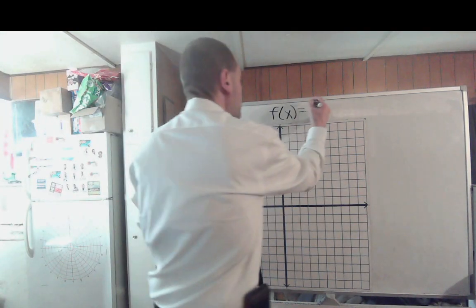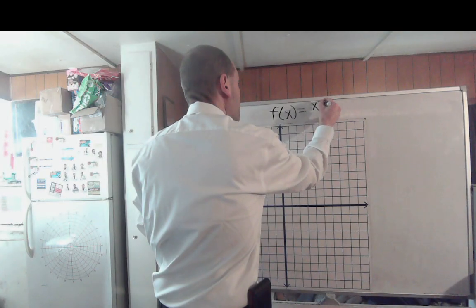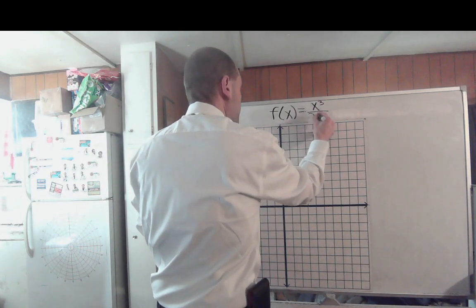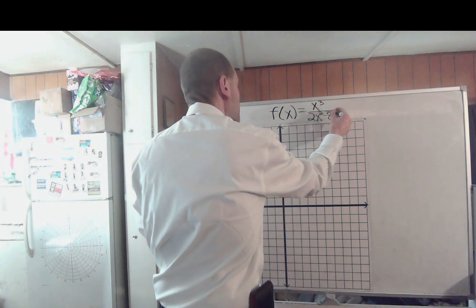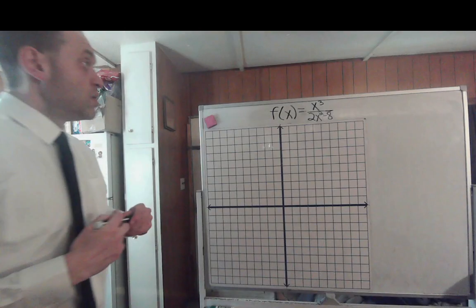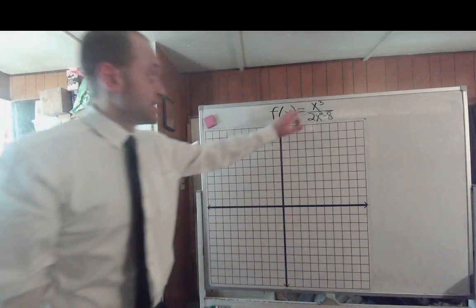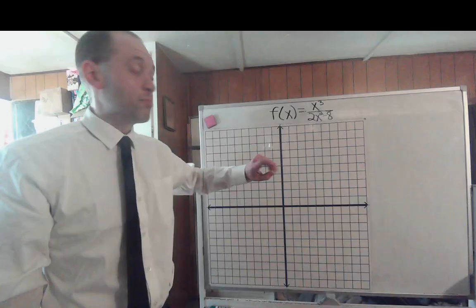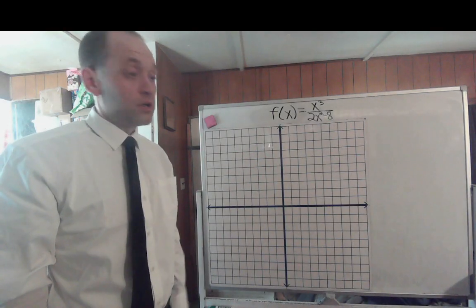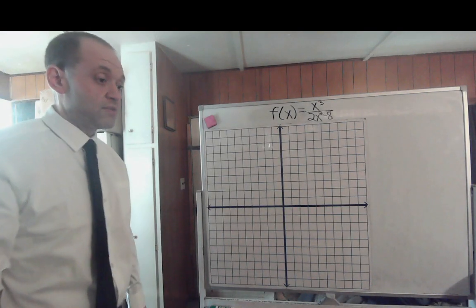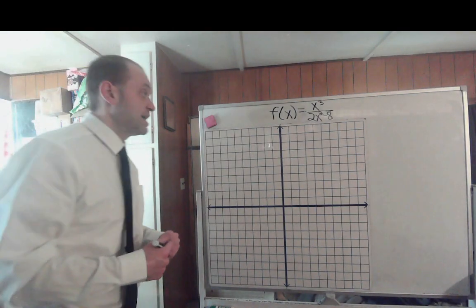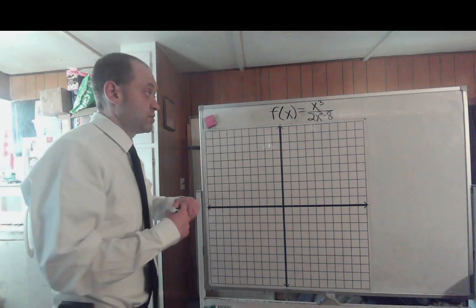That's f of x equals x to the third all over 2x squared minus 8. Well, clearly the denominator doesn't factor into the numerator, so we can go ahead and try to find some vertical asymptotes.